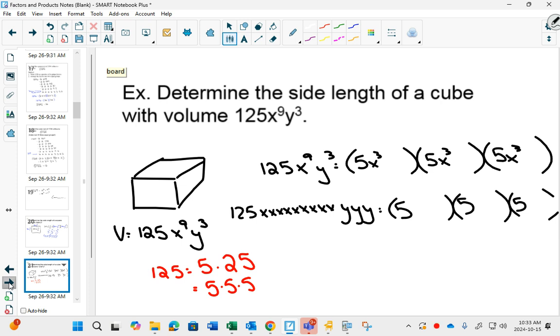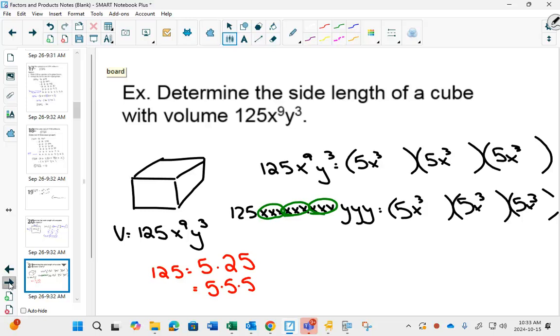You could write your x to the 9 out as 9 x's all multiplied by each other. And then you could say, oh, so I need 3 of them, 3 of them, and 3 of them to go in each of these. Right? But I'm hopeful that you can start to do it without having to write it out. Because if I give you a question that instead of 9 has something like 51, I don't know if you would want to write out 51 x's and split them all up.